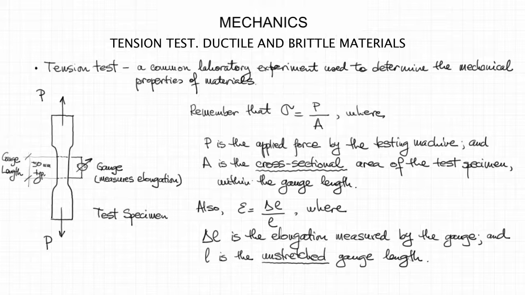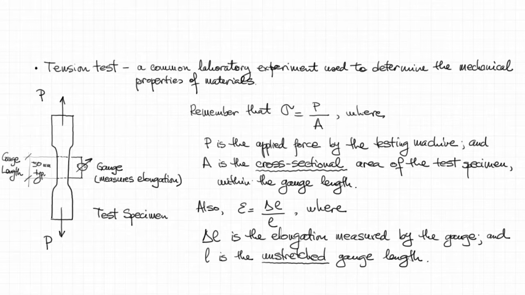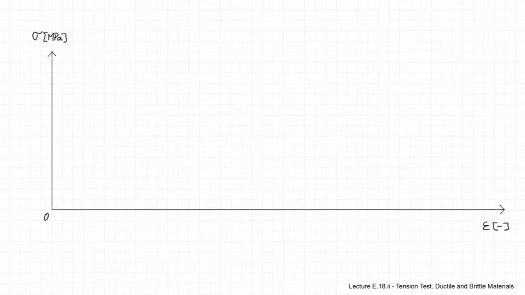Having said that, we're measuring P and delta L, and hence we can calculate sigma and epsilon, the stress and the strain, and we can represent the measured values on a graph like this. For steel, for example, this is what we'll get.